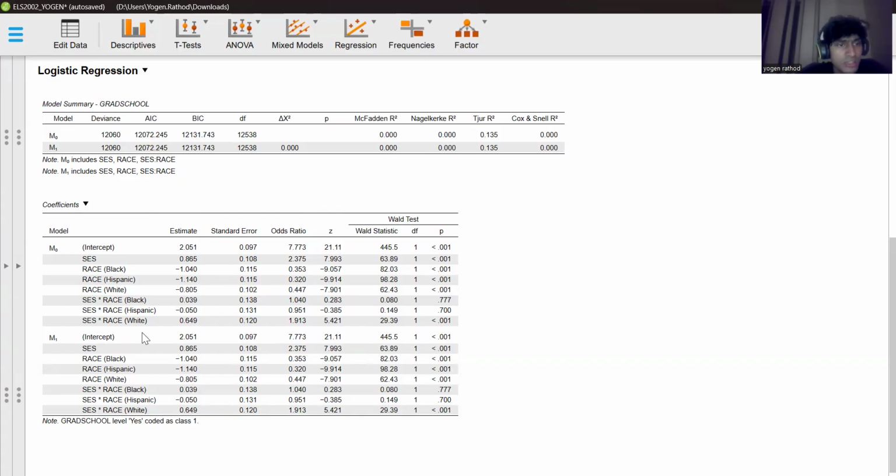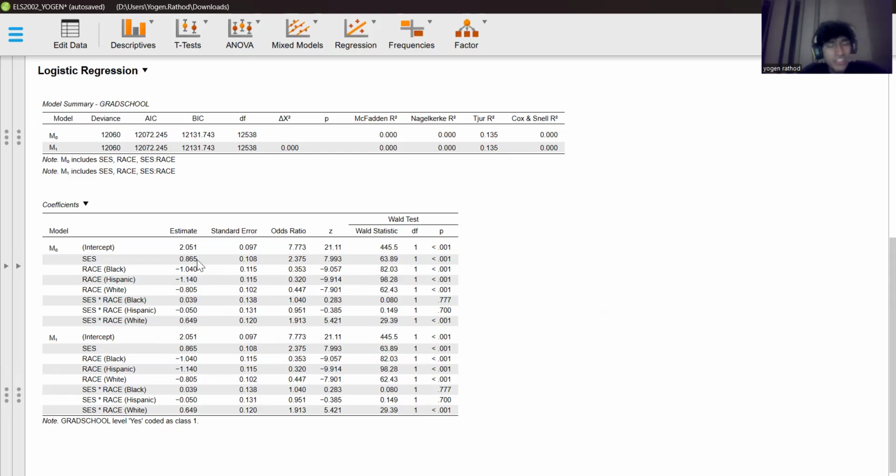We got the p-value less than 0.001 with an odds ratio of 1.913. This suggests that the positive effect of SES on the likelihood of going to grad school is significantly stronger for white students compared to the reference group, Asian students.